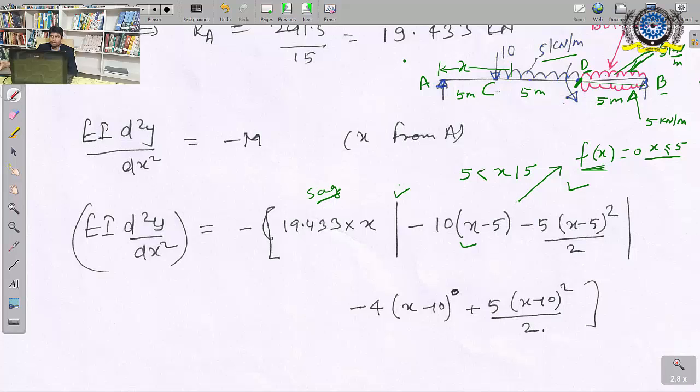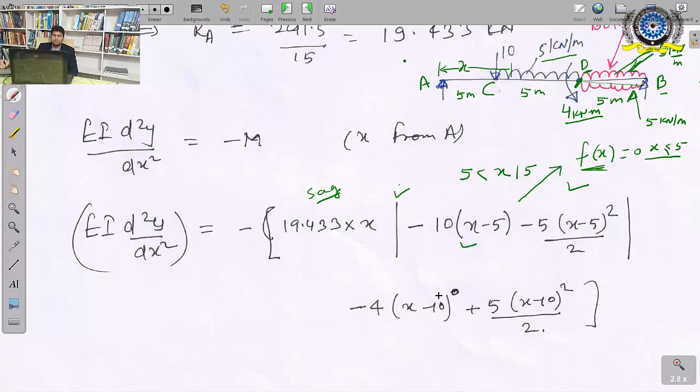This is a point moment of 4 kN per meter. So the bending moment equation between the point D and B is what? Minus 4 times x minus 10 to the power 0. Here 4 is kN into meter.